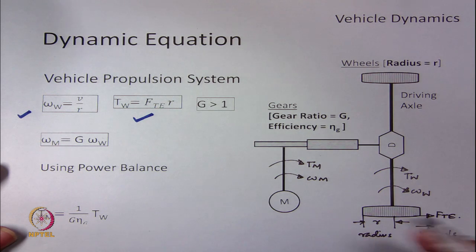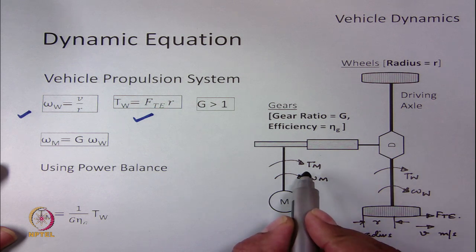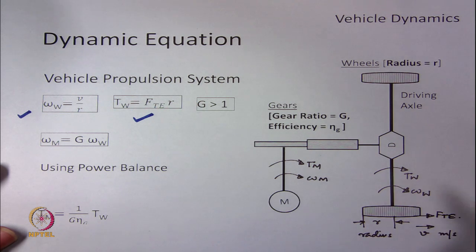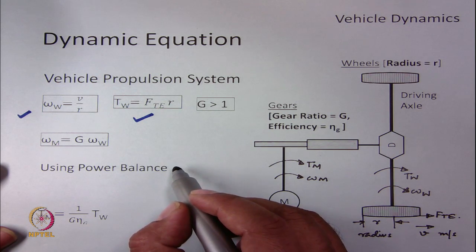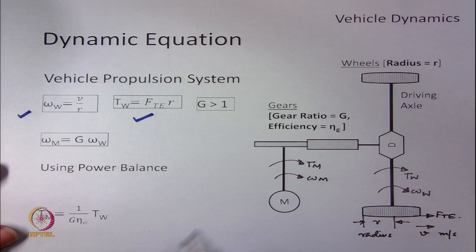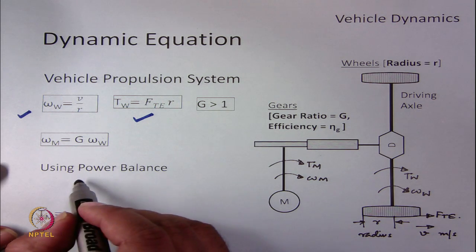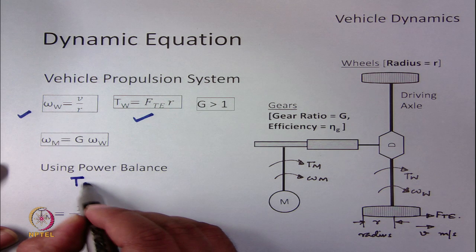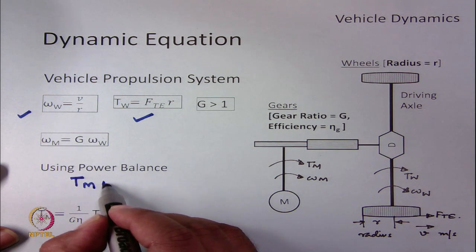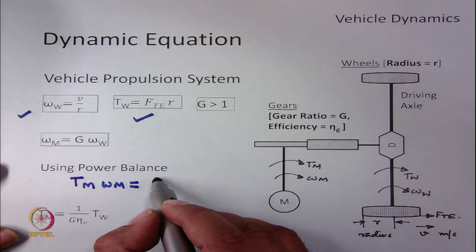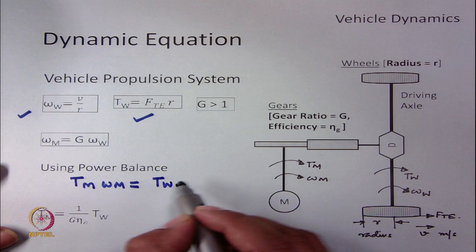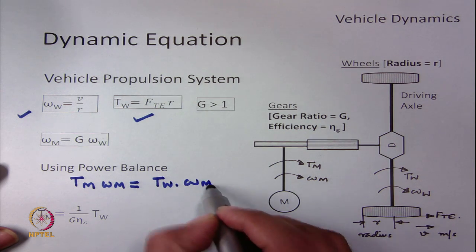We can also find the relationship of the torque of the motor shaft with respect to the torque on the driving axle. This can be done using the power balance equation, which we can write as follows. The power on the electrical machine shaft is equal to the power delivered on the driving axle.